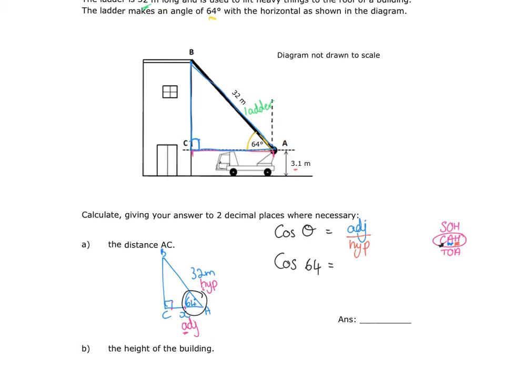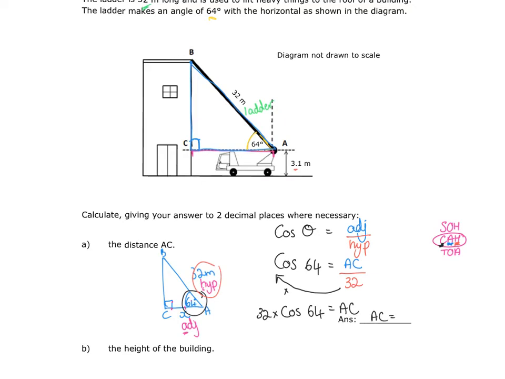Instead of adjacent, we write the adjacent, which is x, what we need to find, AC, and the hypotenuse is this one, the 32. Then using a calculator, we have to leave AC as subject of the formula, and 32 instead of divided goes on the other side as multiplication. So 32 times cosine 64, and work it out using a calculator.